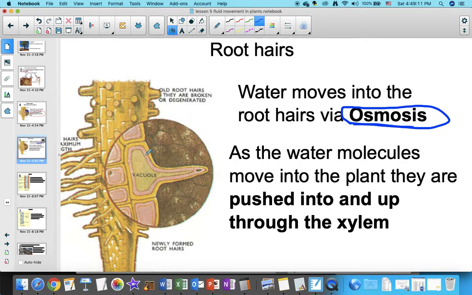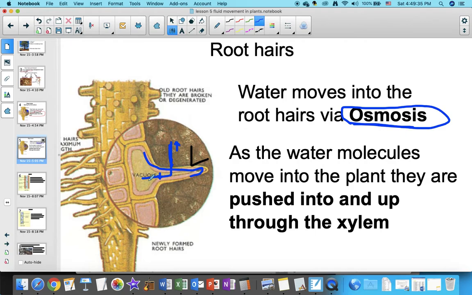Because again, in the plant cell, there is that semi-permeable membrane. There's that cell membrane. And so the dirt doesn't get through. Right? The dirt can't get in. But the water can. So the water will flow through from high concentration to low concentration and move into the root hair.